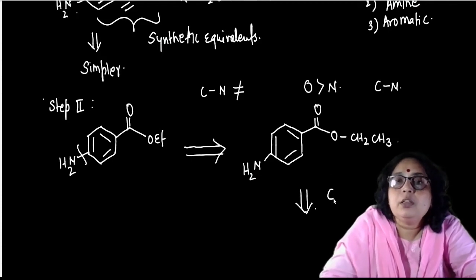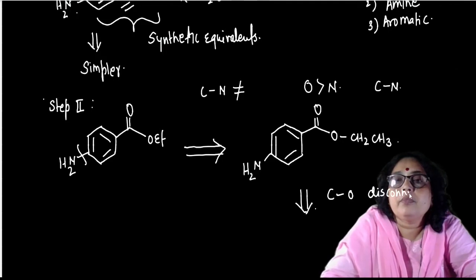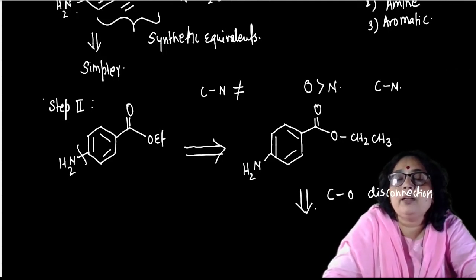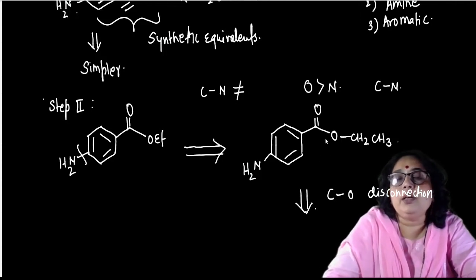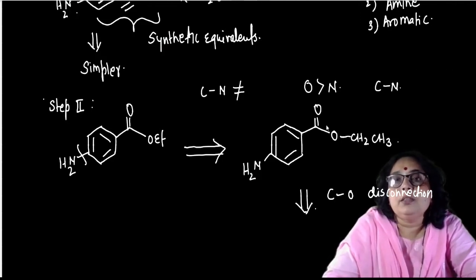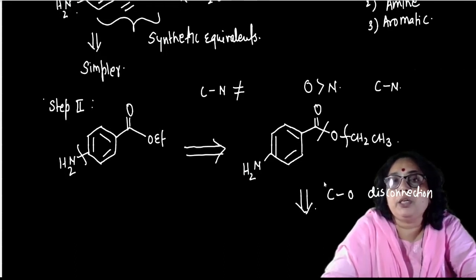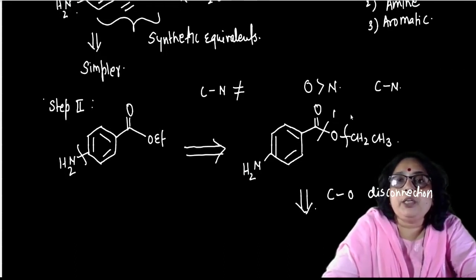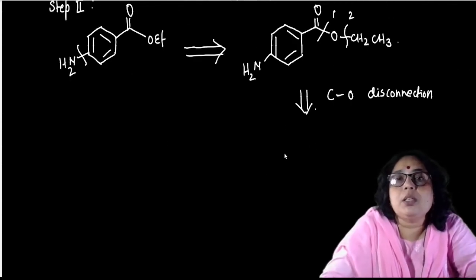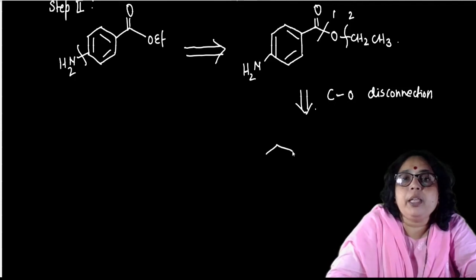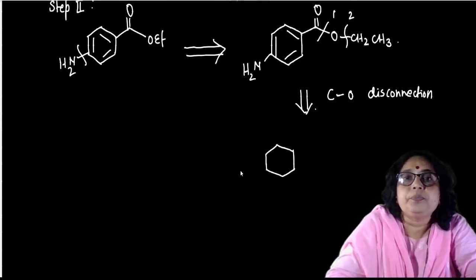Now here CO disconnection is feasible. Now again there are two possibilities. Here is the first possibility and here is the second possibility. Second possibility, because the synthons I am getting over here will be a carboxylic acid.